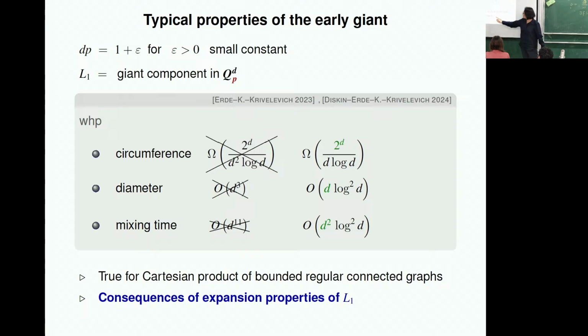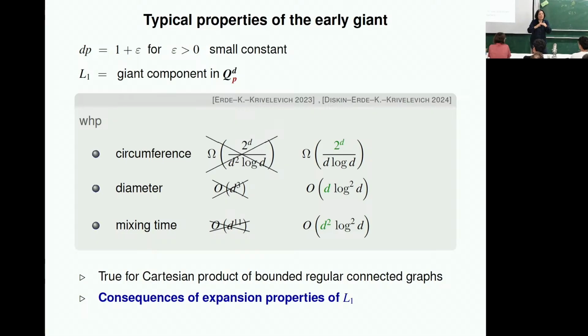The more important thing is that it's all, not straightforwardly, but in a way, a consequence of the so-called expansion properties of the giant. There is a folklore: if the graph has a nice expansion, then it guarantees a large matching, it guarantees long cycles, it has small diameter because it expands well, so you can reach from one point to the other so quickly.